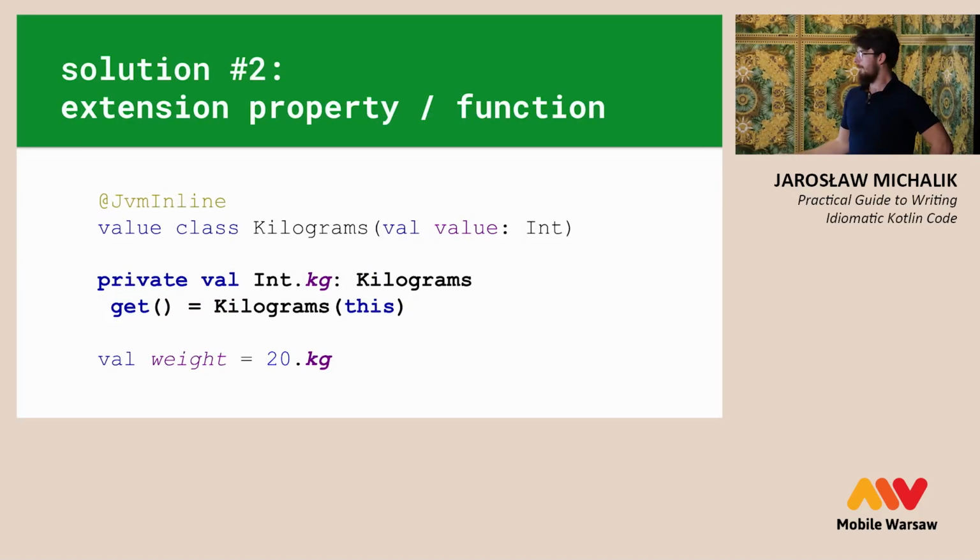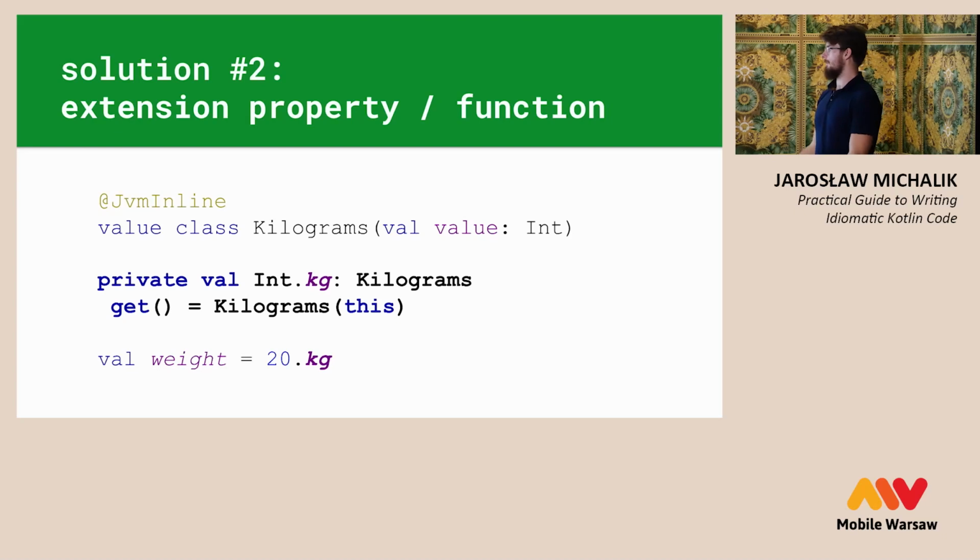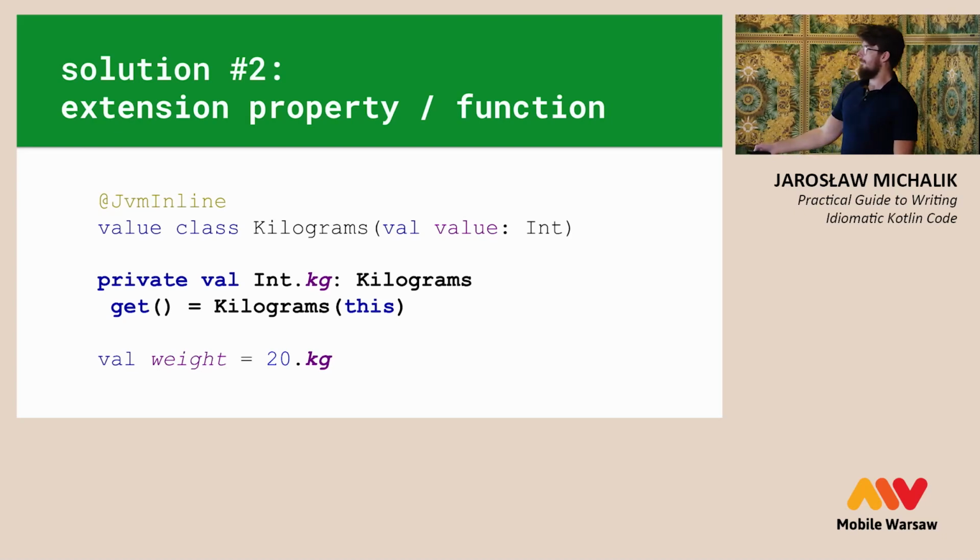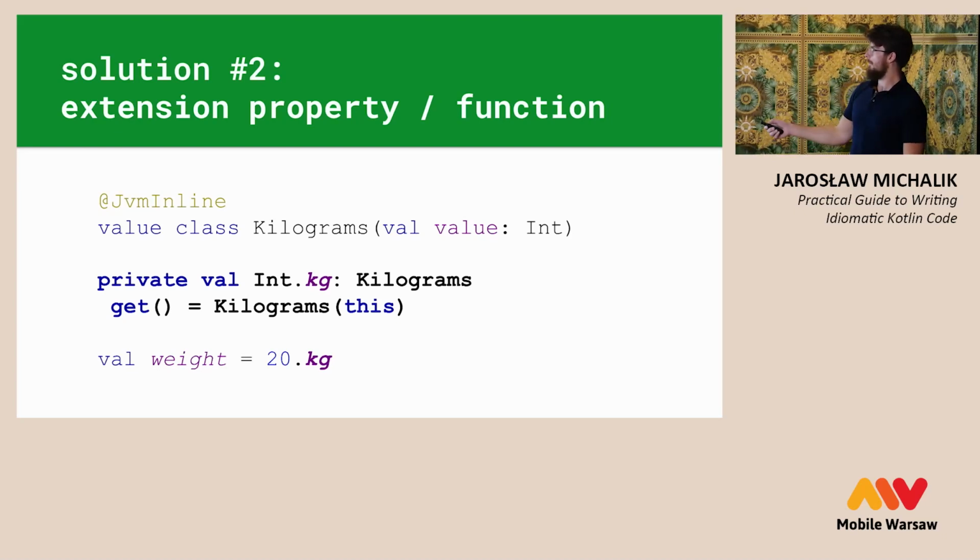And I think you already know that if you are working with Jetpack Compose, you write 20.dp or something like that. So right now it is a very common practice. And yeah, by creating that kind of extension property, we can now write 20.kilograms and it will create a value class of kilograms.